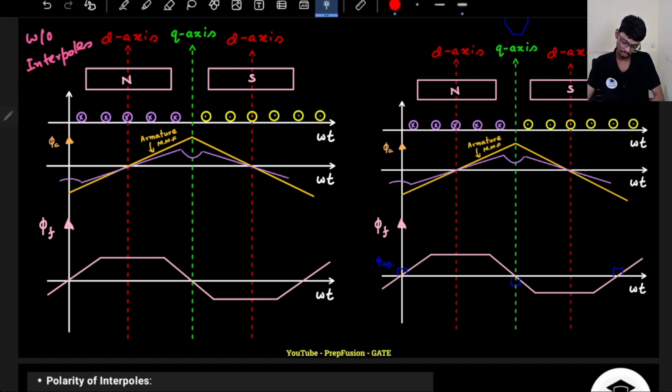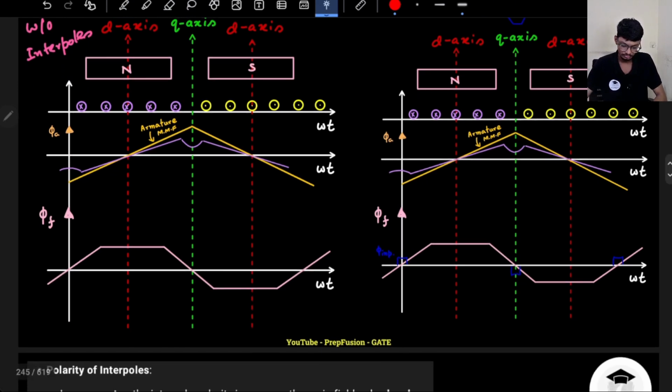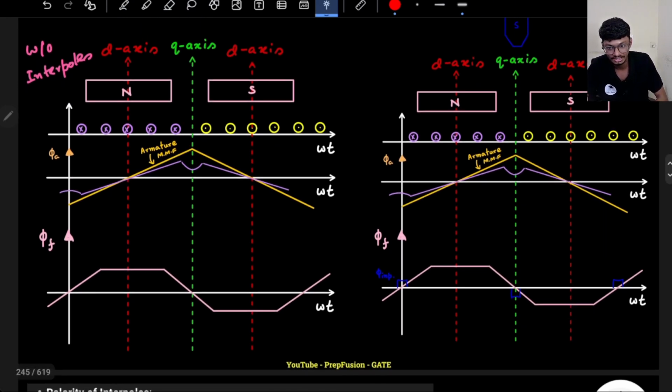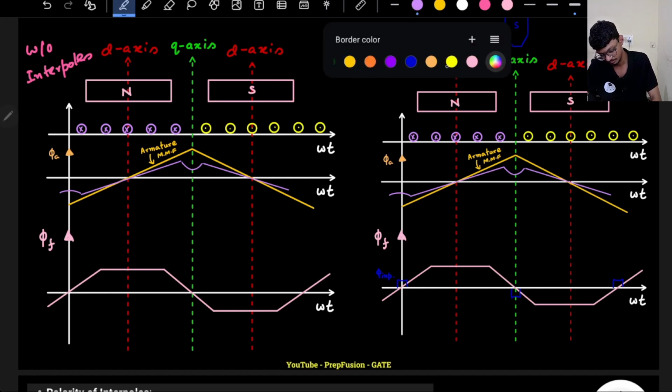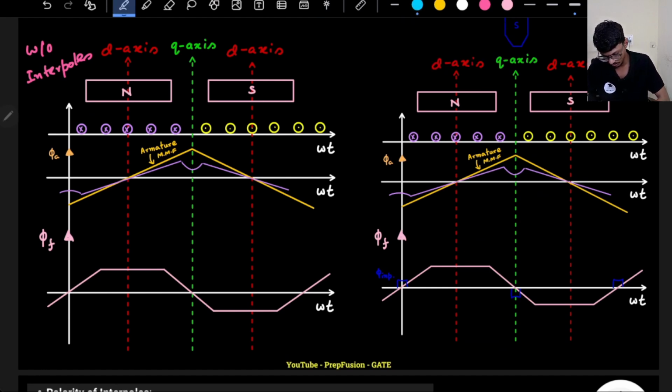So without interpoles, basically, what is the resultant flux? If you remember, the resultant flux was somewhat like this, more down here. Of course, the zero crossing has been shifted. Then it went up, the peak value also increased, right?